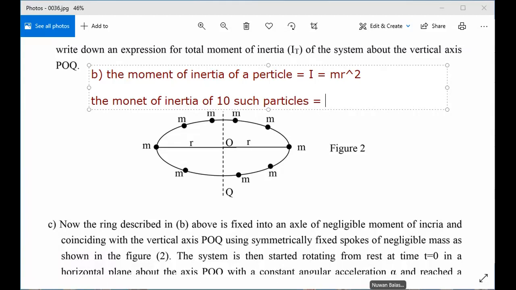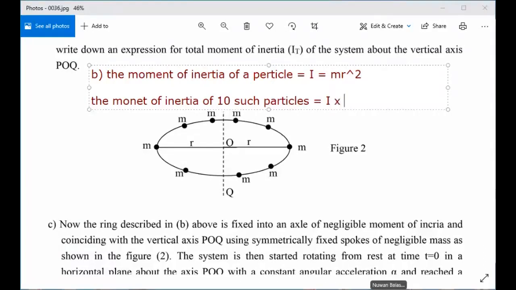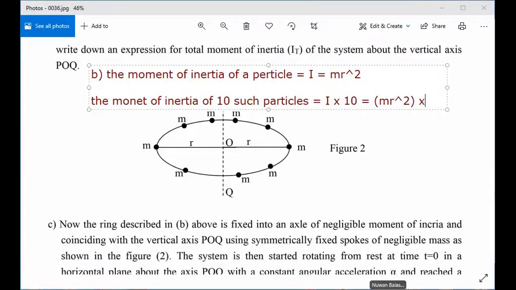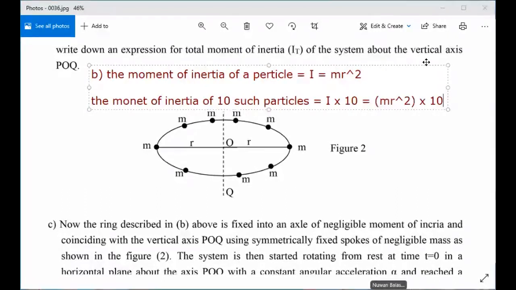10 mr square. Yeah, the moment of inertia of a particle is mr square. Therefore, the moment of inertia of 10 particles is mr square into 10. But they have given us the letter I. So we write I times 10, and let's put another equal sign and write I means mr square into 10. So it's better to write the answers in the examination like this.